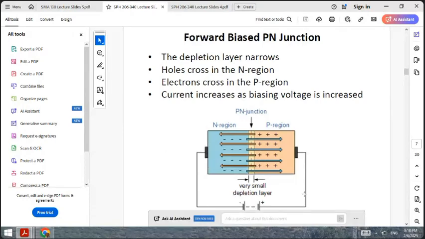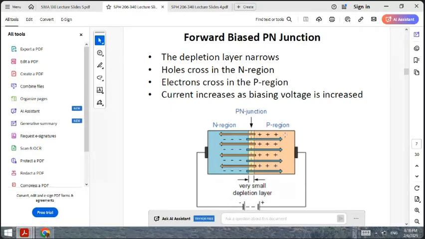Now, if we connect an external source of voltage or EMF to the PN junction, such that we have the positive of the external connected to P and the negative of the external connected to N, we say the PN junction is forward biased.